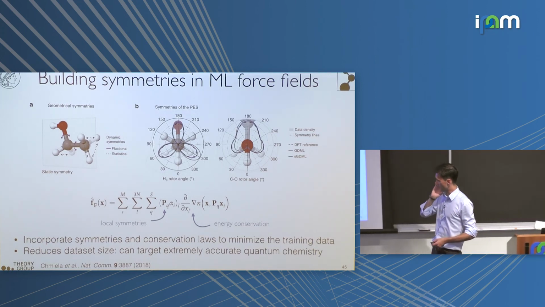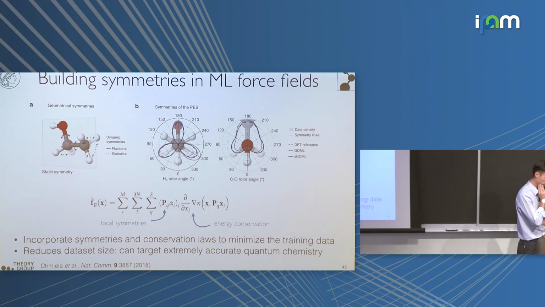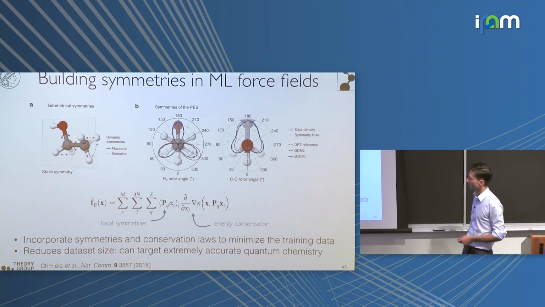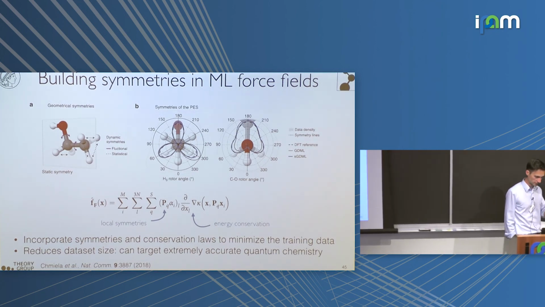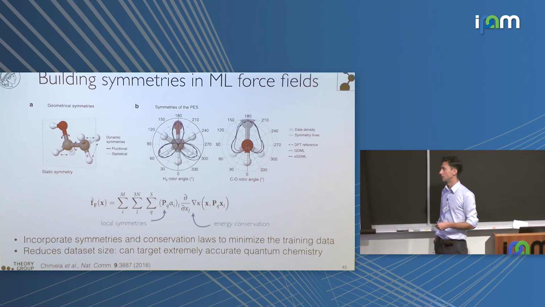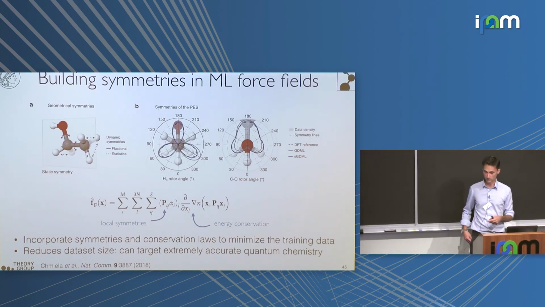This was used in a paper by Klaus-Robert Müller and Alexandre Tkatchenko, where they implemented this, and by using energy conservation the way I described it, and on top of this some local permutation symmetries, they could reduce enormously the number of training points they needed, so that they could afford coupled cluster calculations to learn a potential energy surface for a small molecule.